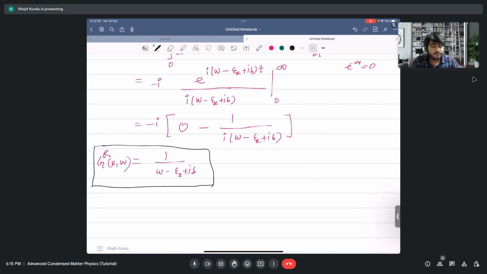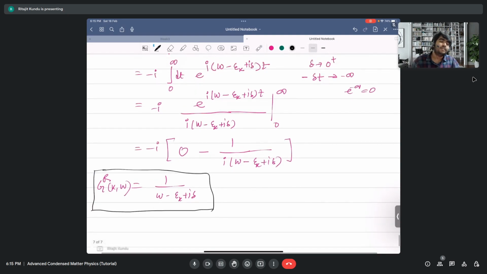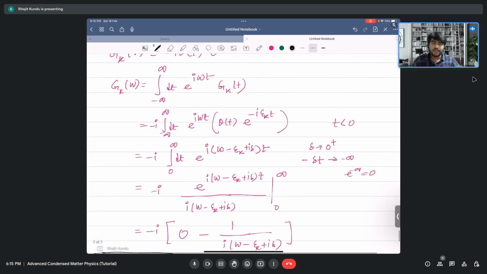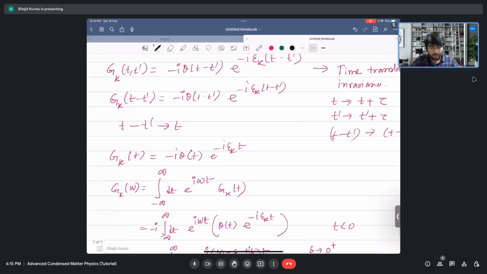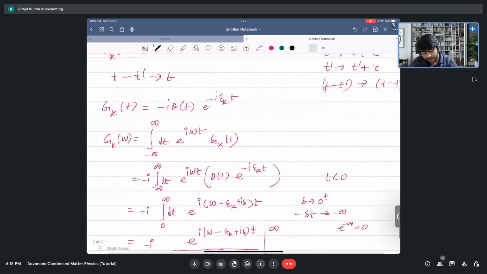Sir, sometimes the Heaviside function has an integral representation. Yes, we can also do that. There are multiple ways of doing this, you're right. You can represent this Heaviside theta function, which is the opposite way to what I did. I defined the Fourier transform like this.